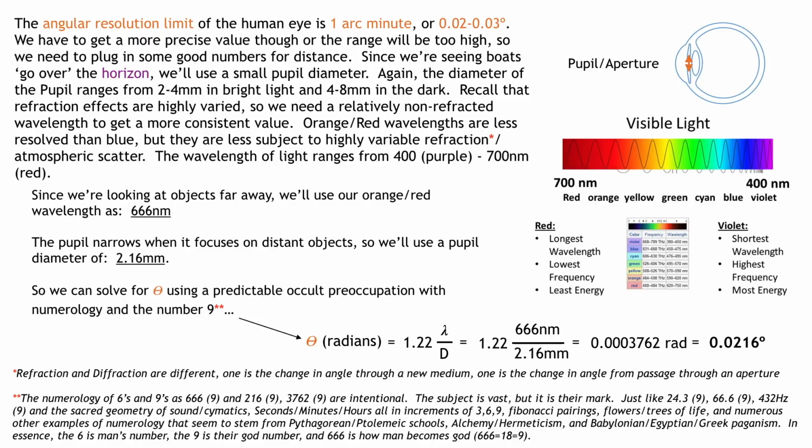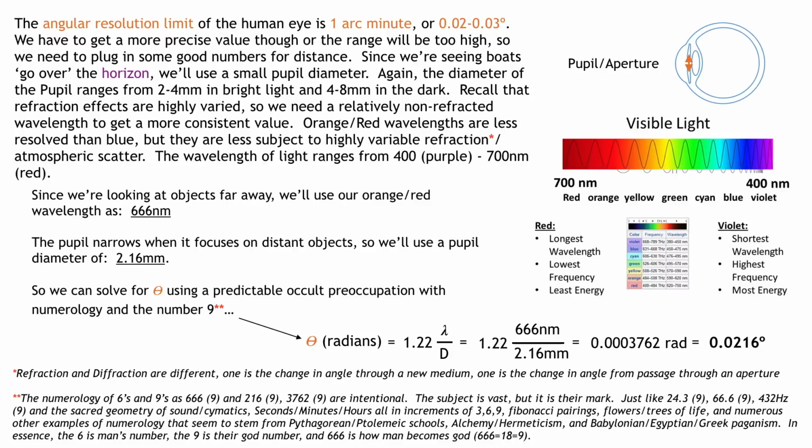So again, I chose these numbers on purpose. The numerologies of 6s and 9s, as 666, which adds up to 9, and 216, which also adds up to 9, and 3762, which also adds up to 9, are on purpose, very intentional. The subject is vast, but it is their mark.